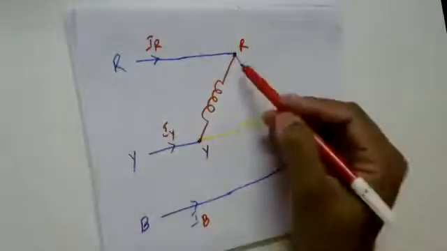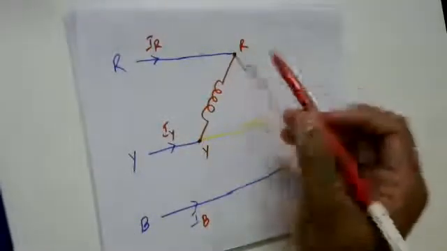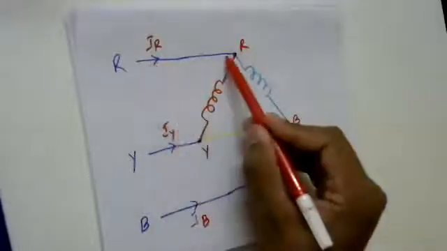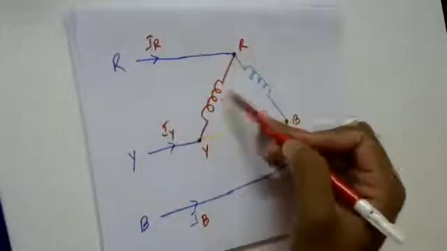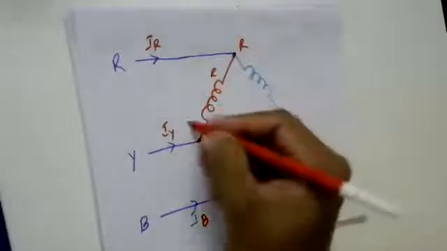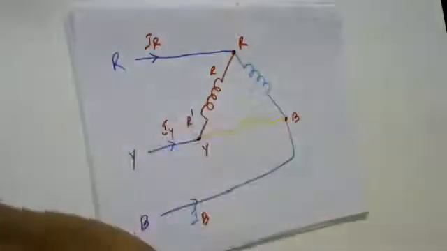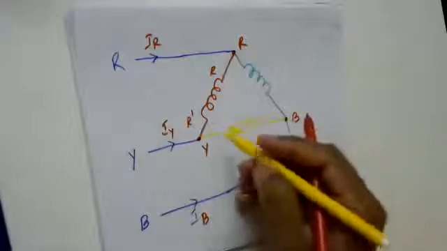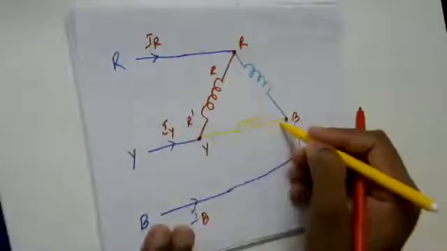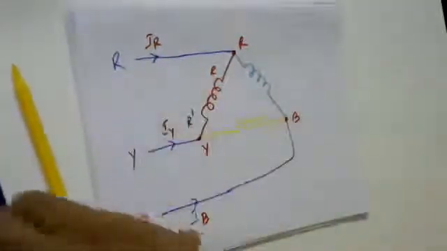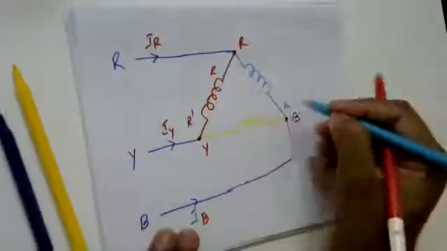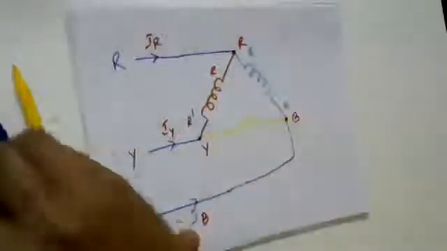Since this is the R terminal, this current IR, when it enters the coil, is nothing but your R dash. This is your Y dash. This is your B dash. Am I right?